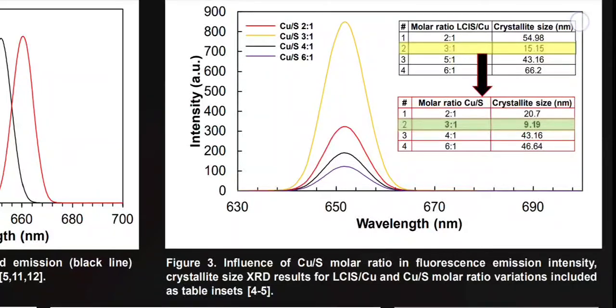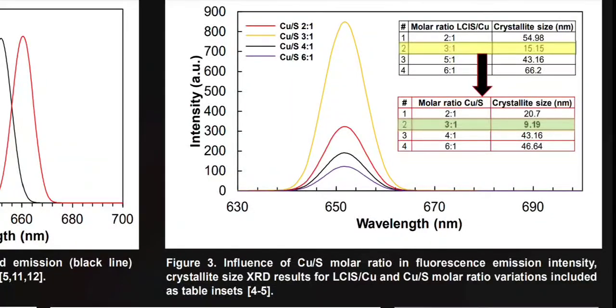Considering this, the copper sulfide molar ratio was varied, and an intermediate molar ratio allowed the best result, achieving a crystalline size of 9 nanometers, a value located in the quantum dots diameter range.